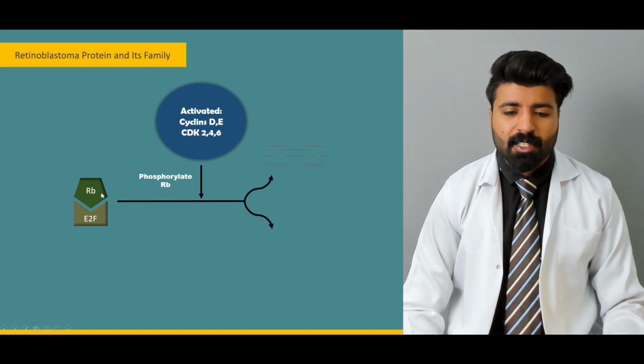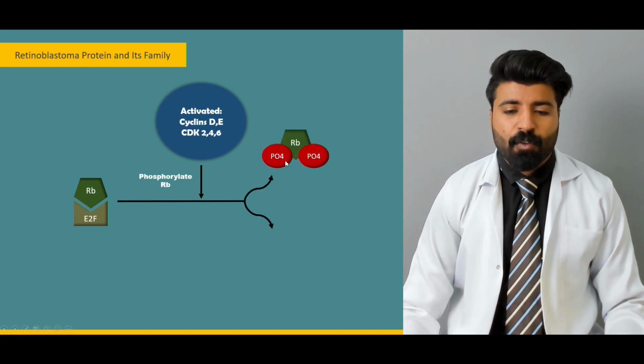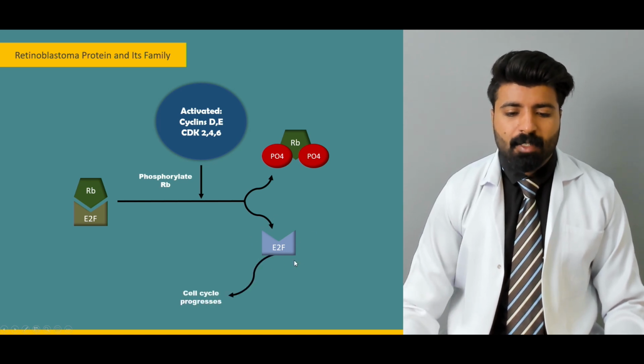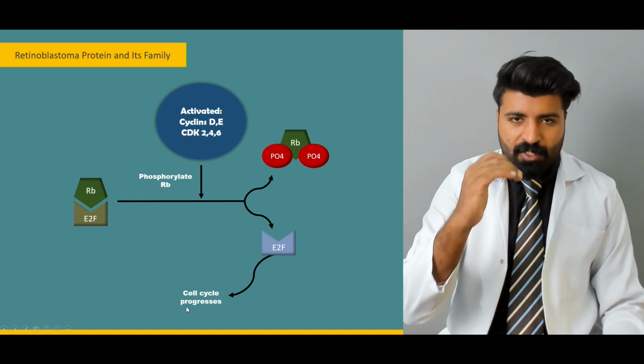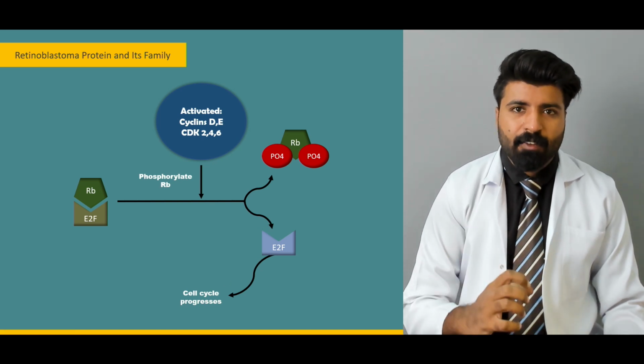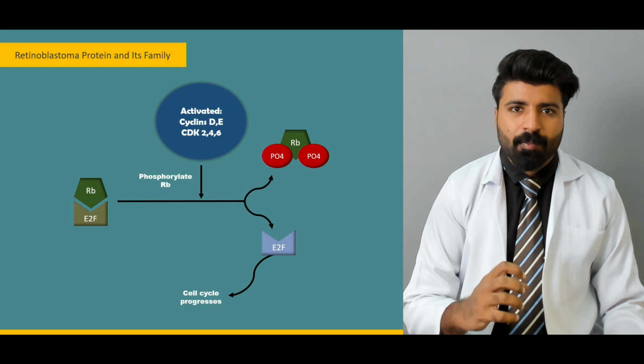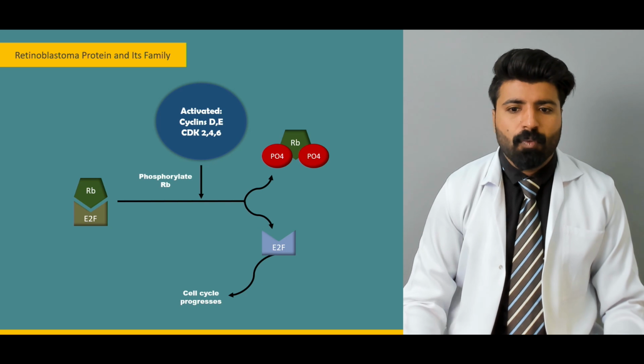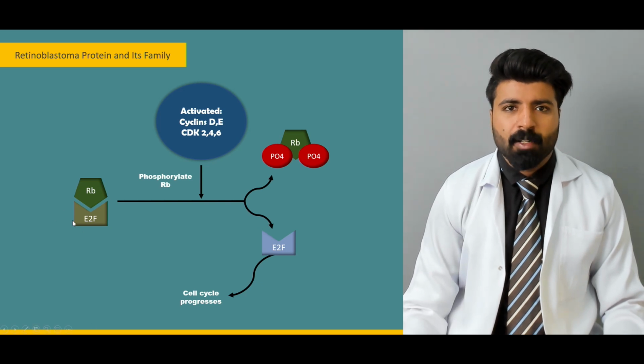The retinoblastoma is now phosphorylated with PO4, and E2F is free to go. When E2F is free, the cell cycle is progressing. E2F attaches itself to the chromatin structures, and the process of DNA synthesis starts.